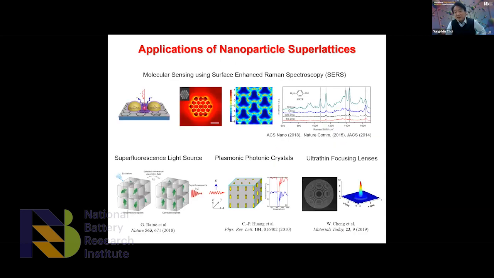So these nanoparticle superlattices can be used for various purposes. For example, molecular sensing using surface enhanced Raman spectroscopy, or if you use quantum dots to form a superlattice, it can be used as a light source. Or if we use metallic ones, a plasmonic photonic crystal can be made.